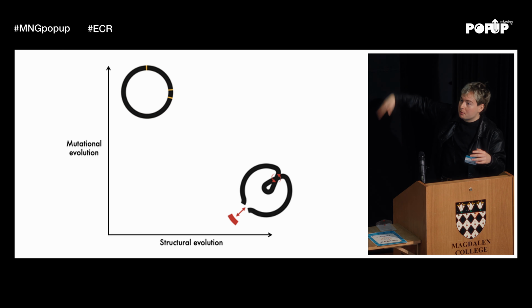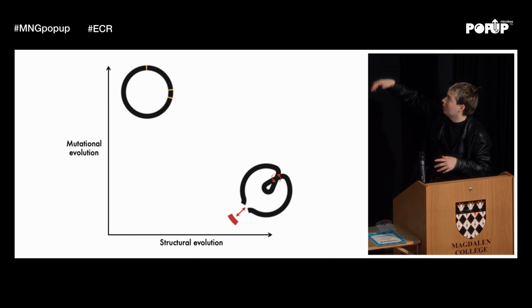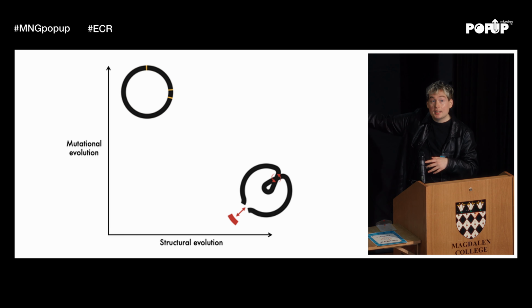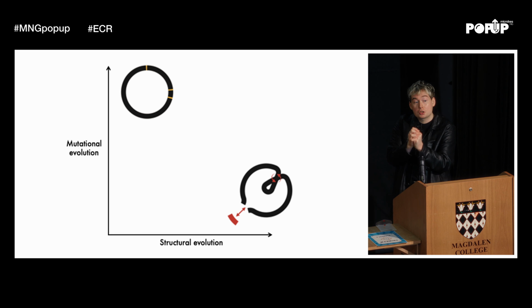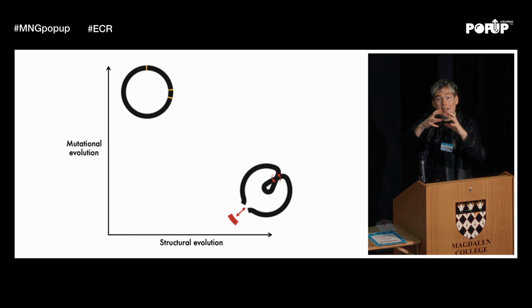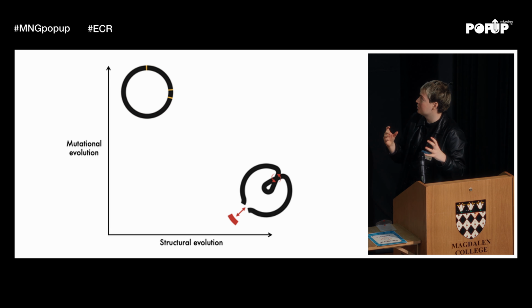In the Y direction, we've got that kind of classical understanding, right? We've got mutations fixing in a population. But then along our x-axis, we've got this kind of more coarse-grained movement, right? This structural change where genes are coming and going. We've got rearrangements. We've got recombination events. We can also have fusion events, right, where two plasmids co-integrate, and we end up with these multi-replicon monsters, right?